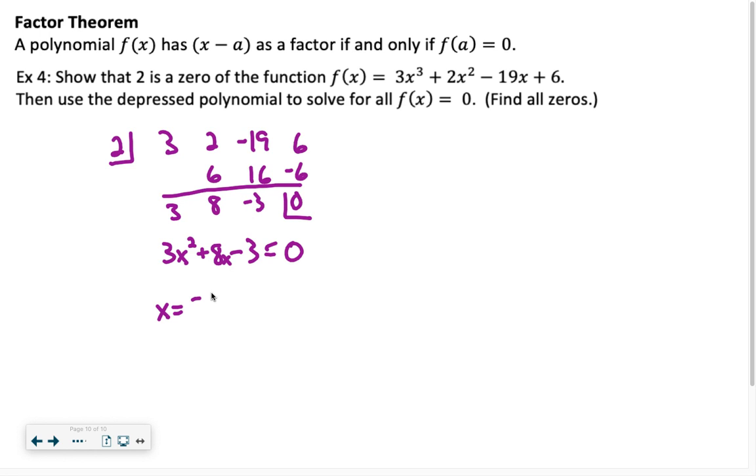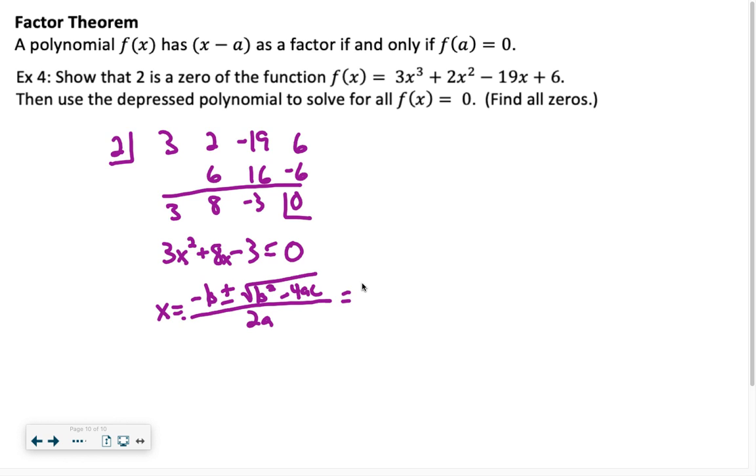Quadratic formula is x equals opposite of b plus or minus the square root of b squared minus 4ac all over 2a. So in this case, 3 is my a, 8 is my b, and negative 3 is my c.